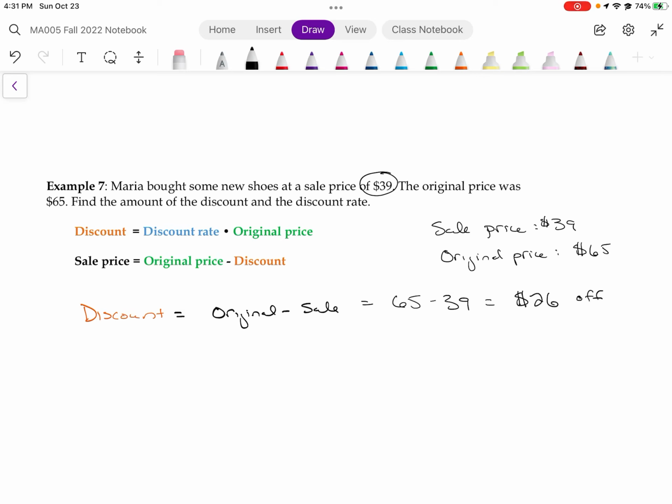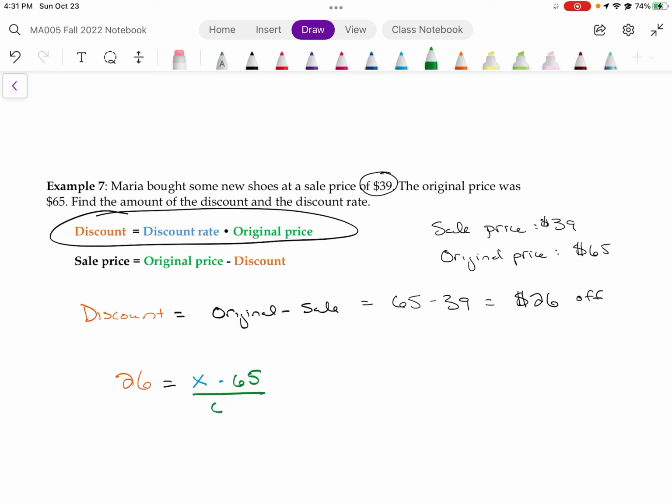So what is the discount rate? Well, we're going to have to use this equation now, because now we know what the discount was. It was $26 off. So we get $26 equals the discount rate, which we don't know, times the original price, which was $65.